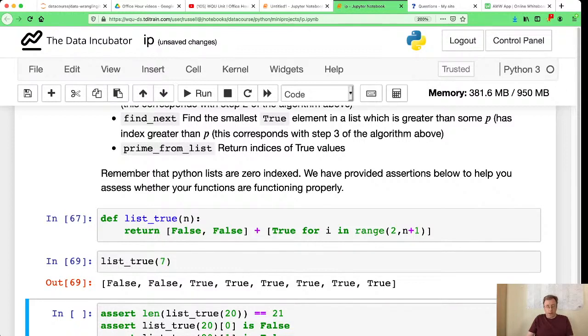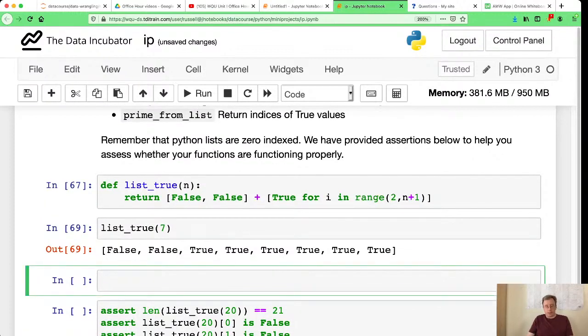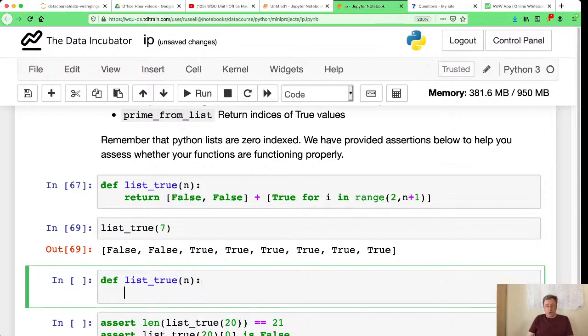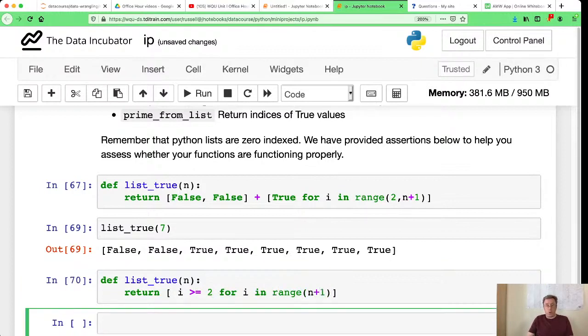There's another way I could consider making this list true of n. Return i greater than or equal to 2 for i in range of n plus 1. List true of 7.